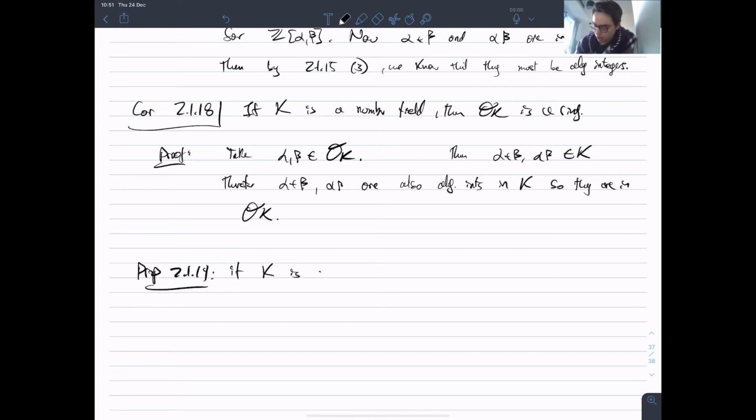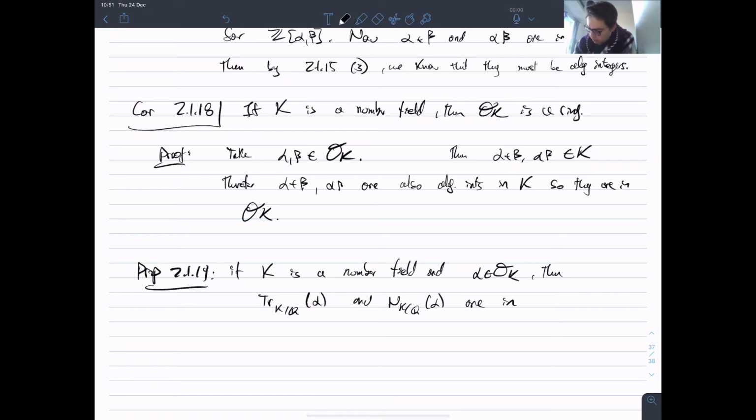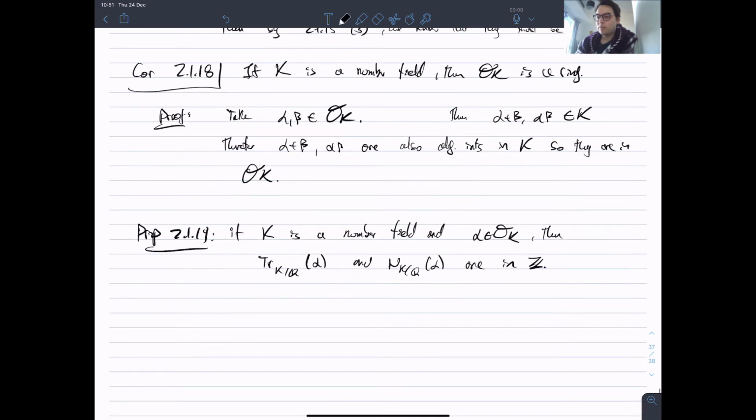If K is a number field and alpha is some algebraic integer, then the trace from K to Q of alpha and the norm from K to Q of alpha are in Z. So the trace and norm of an algebraic integer is an integer.